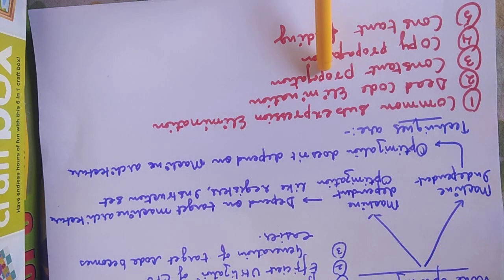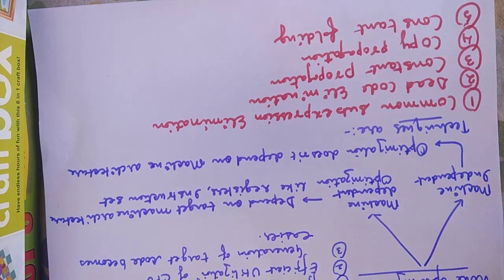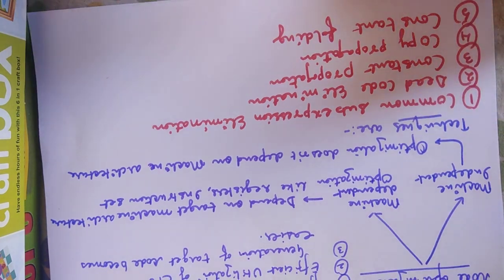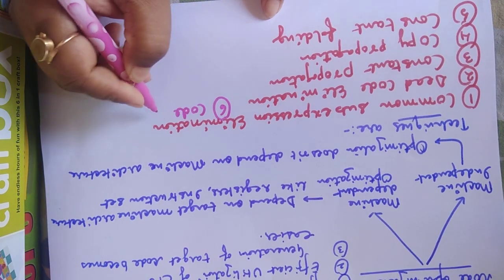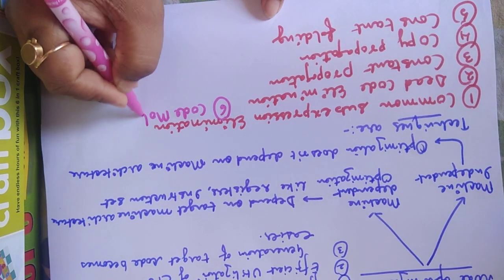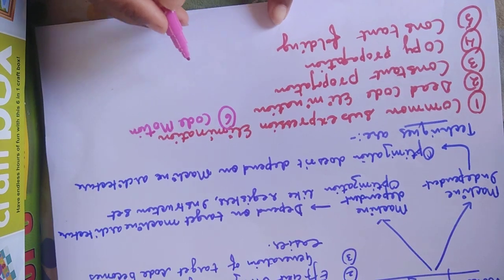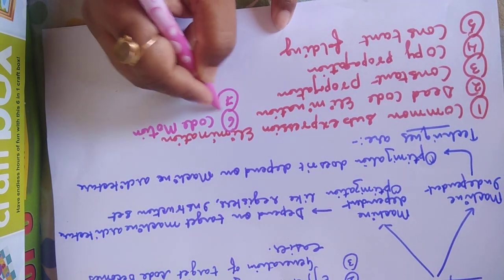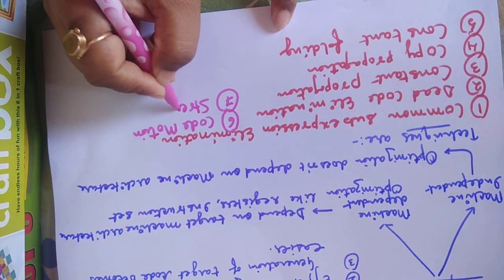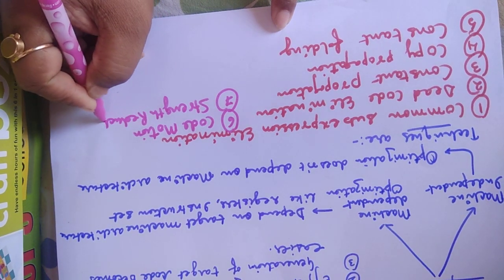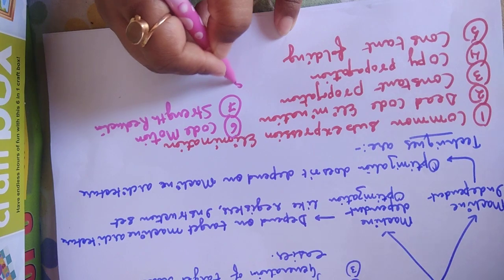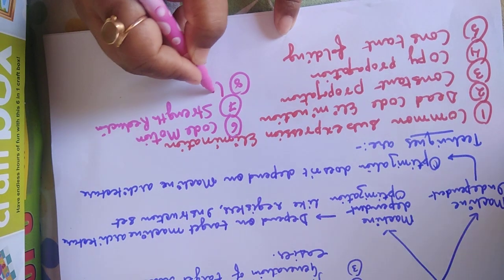Then we have constant propagation, copy propagation, constant folding, and many more, like code motion, strength reduction, and different types of loop optimization techniques.